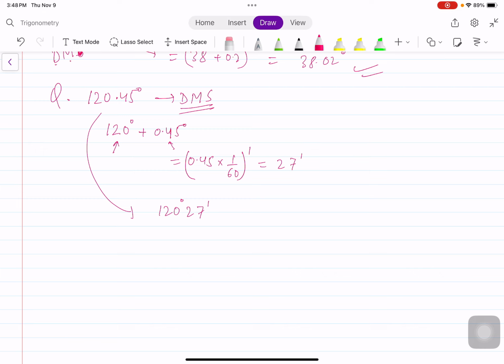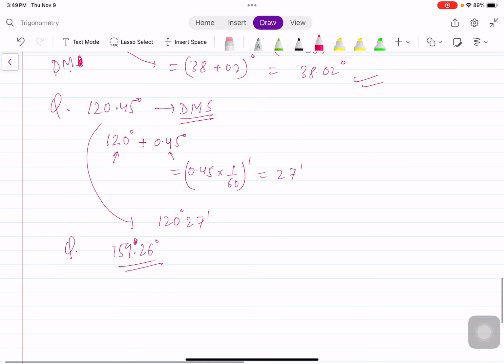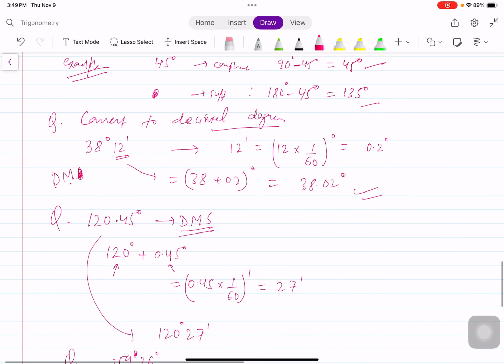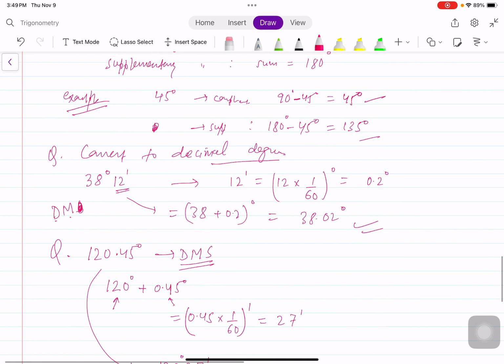Similarly, we can do other problems. If you want to do other problems, I can list a few of them here. For example, 159.26 degrees, and others corresponding to this example.